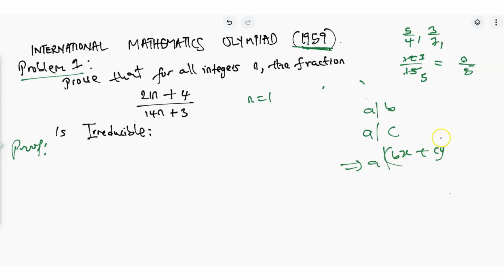And why is this the case? Well, this is true because if a divides b, it means that a should divide bx. Obviously, if 2 can divide 6, 2 should be able to divide 12 and 18. That's what this means. So a should be able to divide bx, and if a can divide c, then a should be able to divide cy. This means that a should be able to divide bx plus cy.